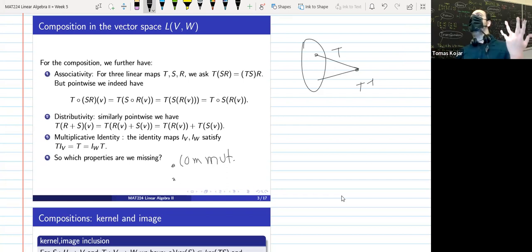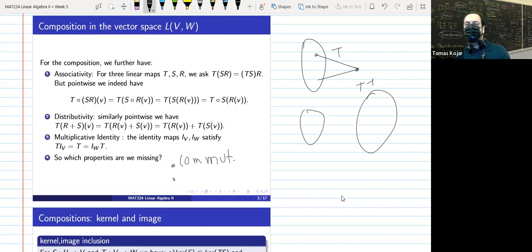No, you just need injective. So you could still have this, like e to the x.